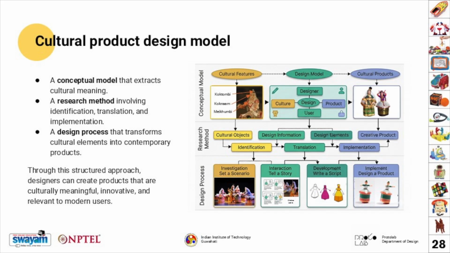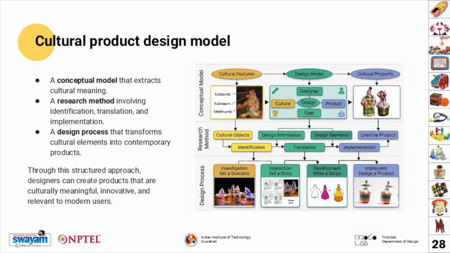Here, abstract cultural meanings are translated into tangible design elements such as form, color, material, structure, or interaction style. And the final step is implementation. The translated cultural elements are integrated into the actual toy design process.